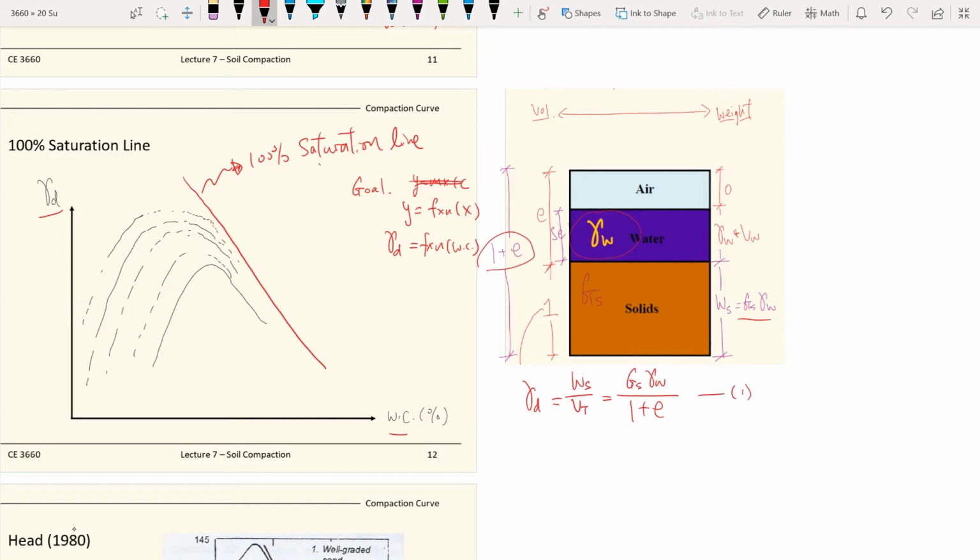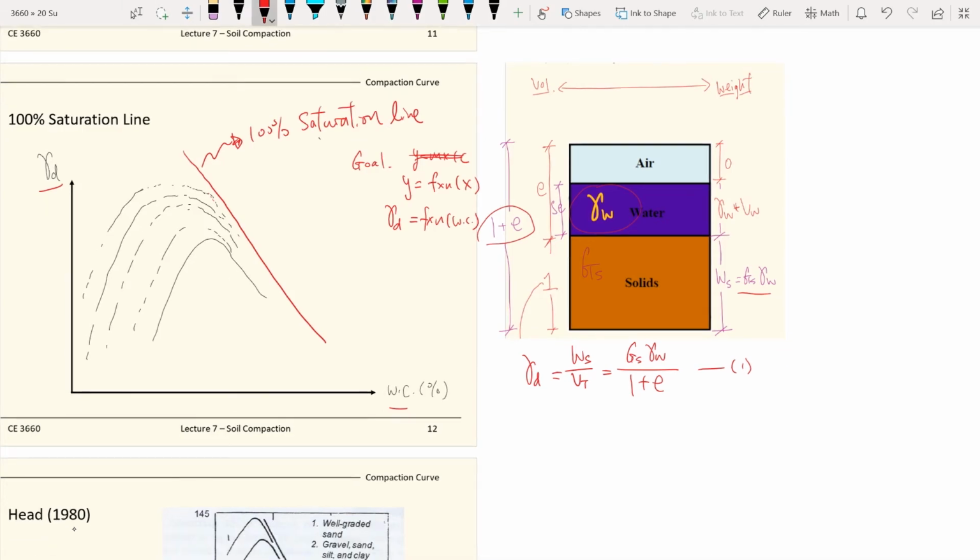There's another very useful equation we can use, which is the way that I try to remember it: G sub S times the water content is equal to the saturation times the void ratio, S times e.